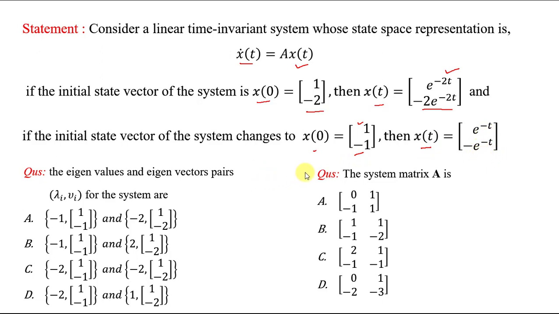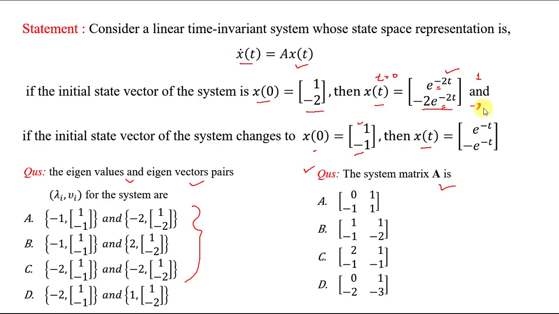So in this problem there are two questions: the system matrix A and the eigenvalue and eigenvector pair of the given problem. First you may see here, if t equals 0, then e^0 equals unity and e^(-2t) is again unity.